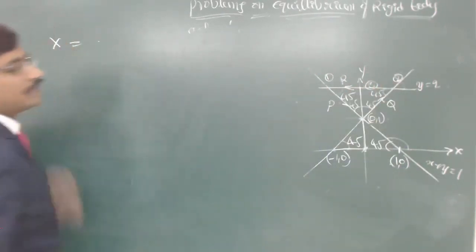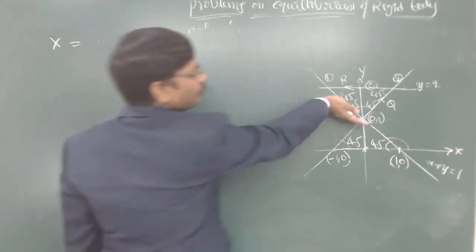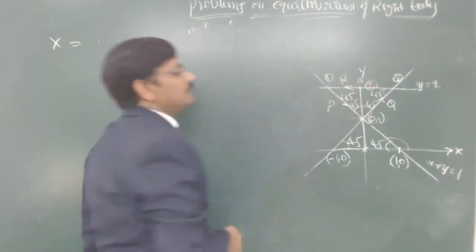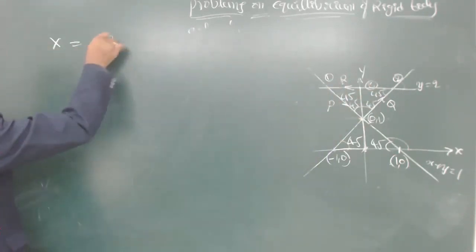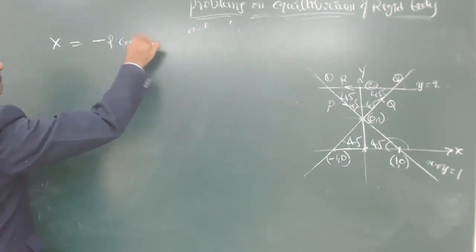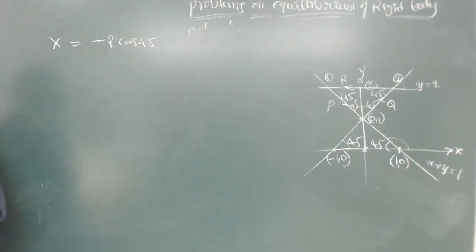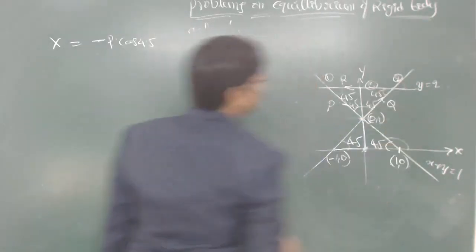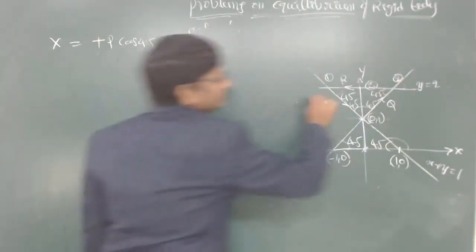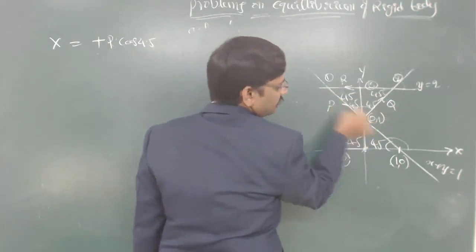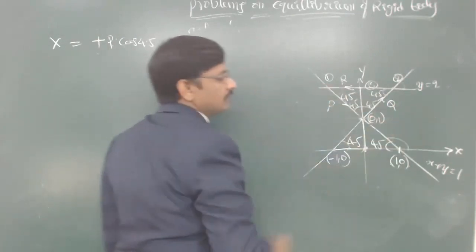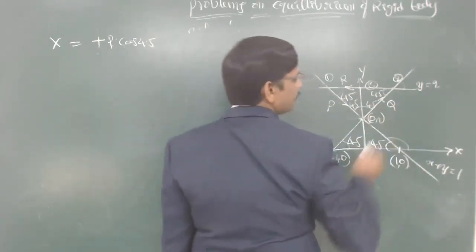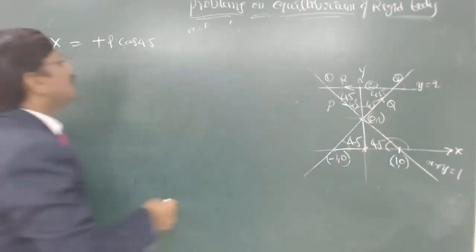Now the force component along x-axis. If you project along x-axis, this is minus P into cos 45. And then this force component is plus, sorry, this is plus, because this is towards the positive x direction. This P force component is along the positive x, and Q also is in the positive x direction, so that is Q cos 45.